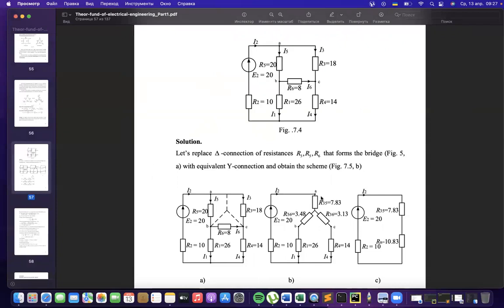If we're speaking about star connection, you have one star here with a central point, and another star here, also with a central point.